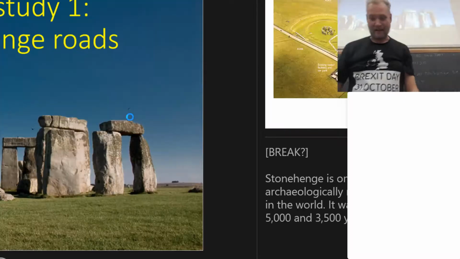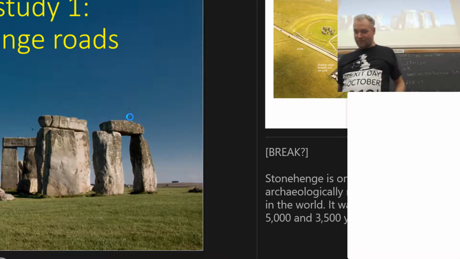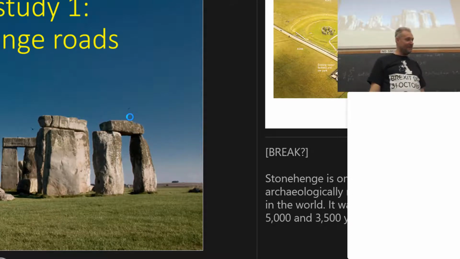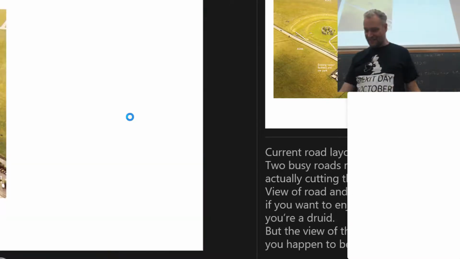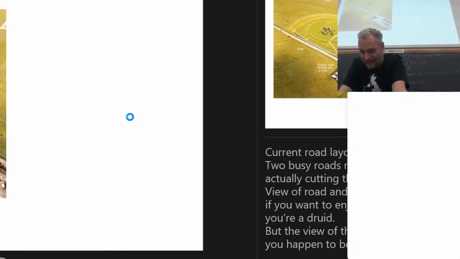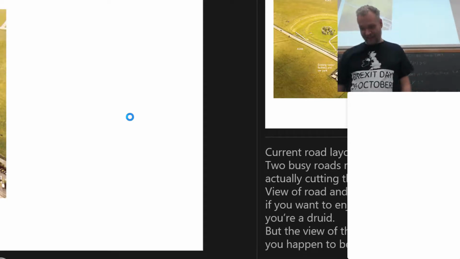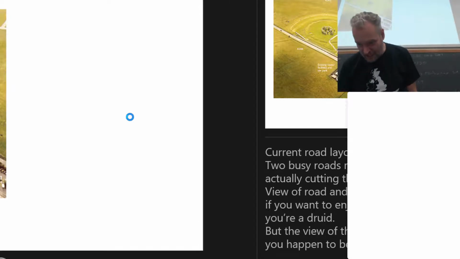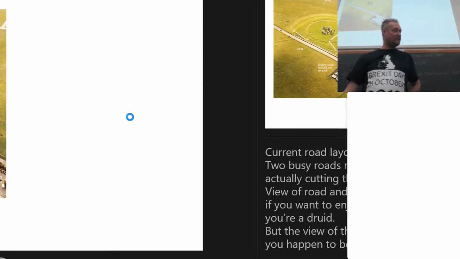So let's look at Stonehenge for a bit. That is Stonehenge. I don't need to tell you that. So this is what Stonehenge currently looks like. So there you have Stonehenge, and then there's a big parking lot, and there's 2 roads, the A303 and the A344, that are there.